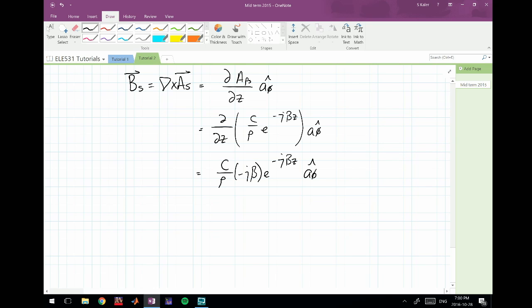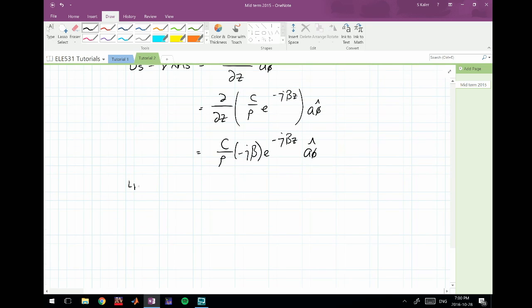And this is b, right? And so now we know that Bs equals mu naught Hs, and it's mu naught in this case because it tells us it's free space between those two parts. So we know mu is mu naught.